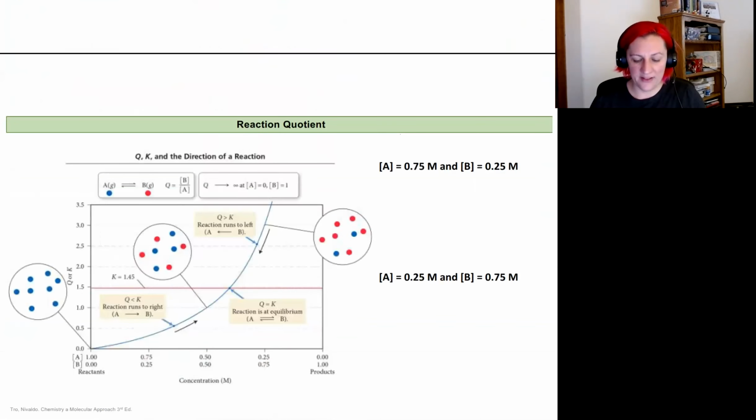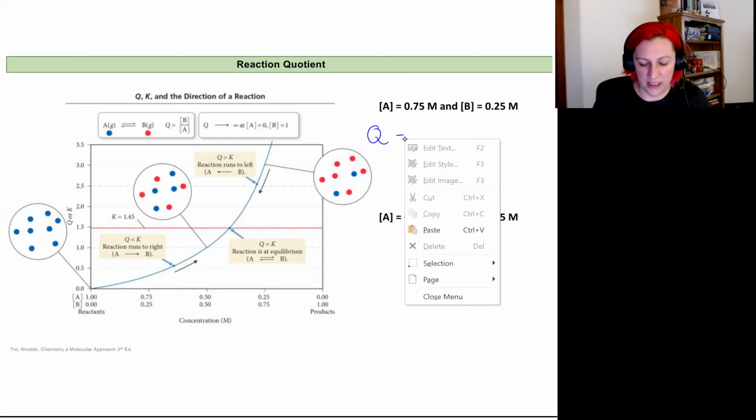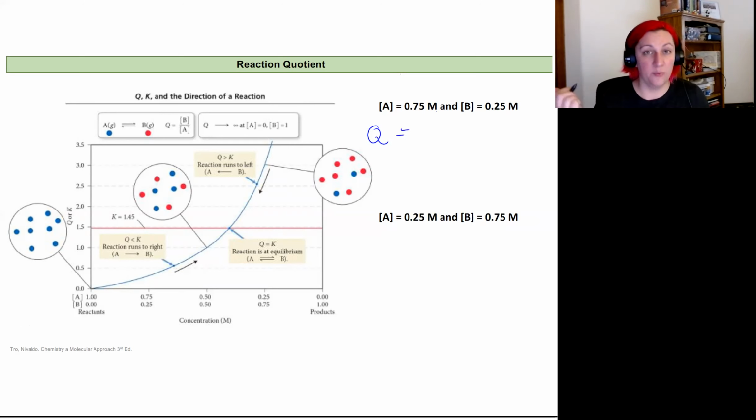So if I have some information about our A and B, and I know the concentrations at a moment, I can find out if we're at equilibrium. So our first one, we'll just calculate it. We'll call it Q because we don't know if it's at equilibrium. Maybe it is, then we'll switch it to K. Q will be equal to the concentration of B over the concentration of A. I'm getting that right here.